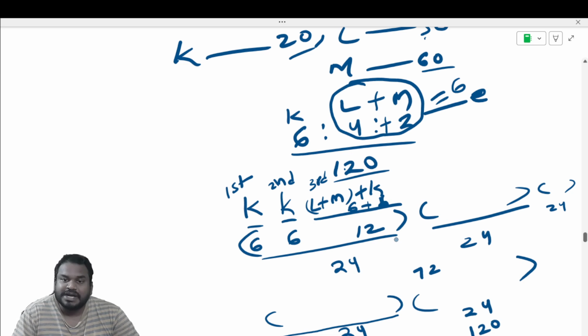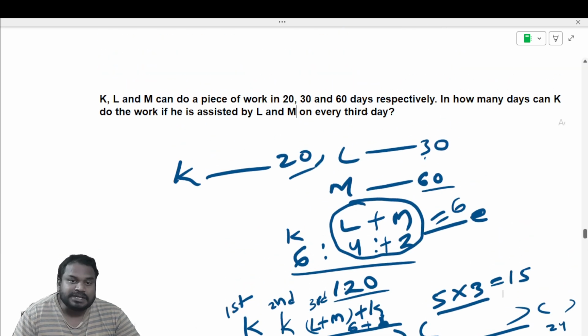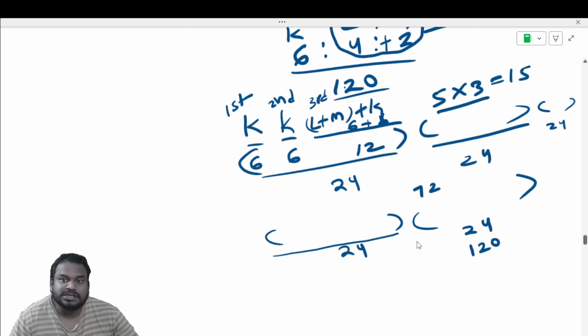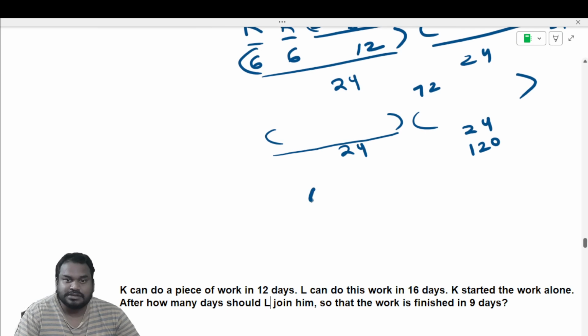So it should be repeated 5 times, and for every attempt 3 days are completed. So 5 into 3 is 15 days. Within 15 days K will complete the work with the assistance of L and M on the third day. Okay, the answer is 15 days.